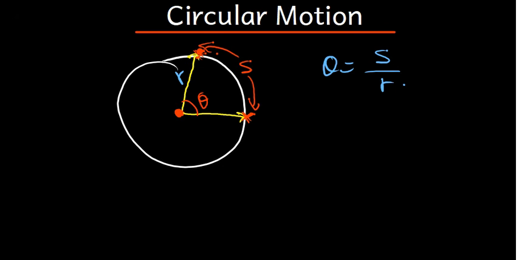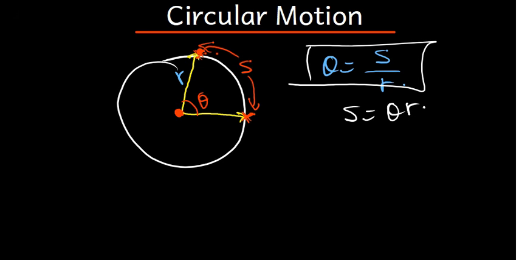In short, you can see the opposite here, then here is more like the hypotenuse. Meaning that if I want to find the arc length, if I cross multiply, it is going to be theta times the radius. So we have to know this formula. We also need to know this formula.